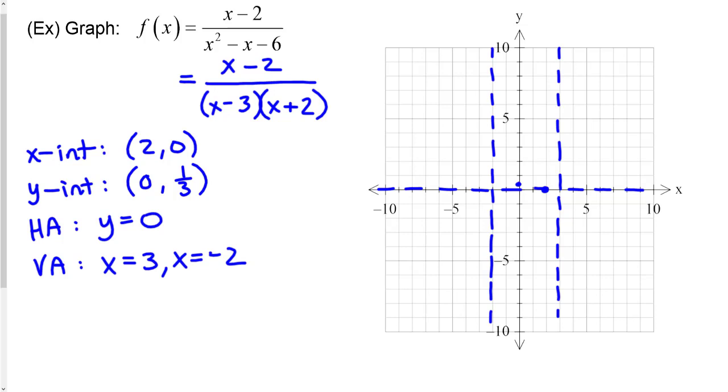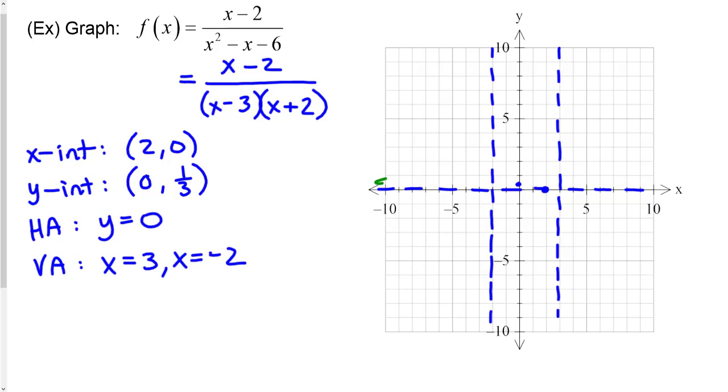The graph will have to be either entirely positive or entirely negative. I know that for a couple of reasons. One, there are no x-intercepts in that interval. There's no way I could change from positive to negative. And the asymptotes guide the direction of your graph.